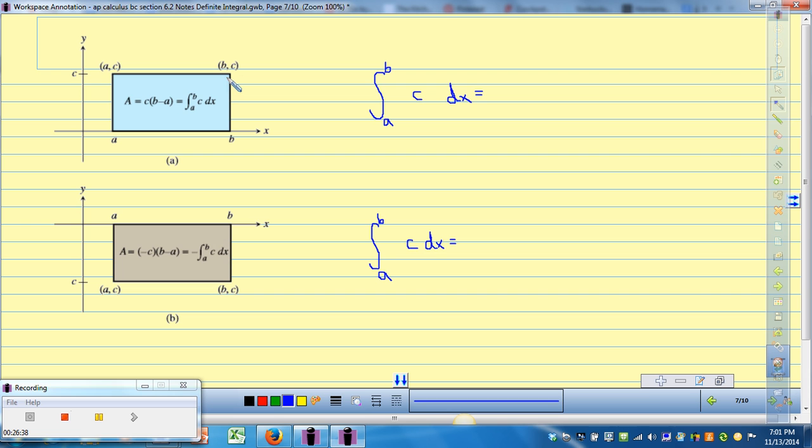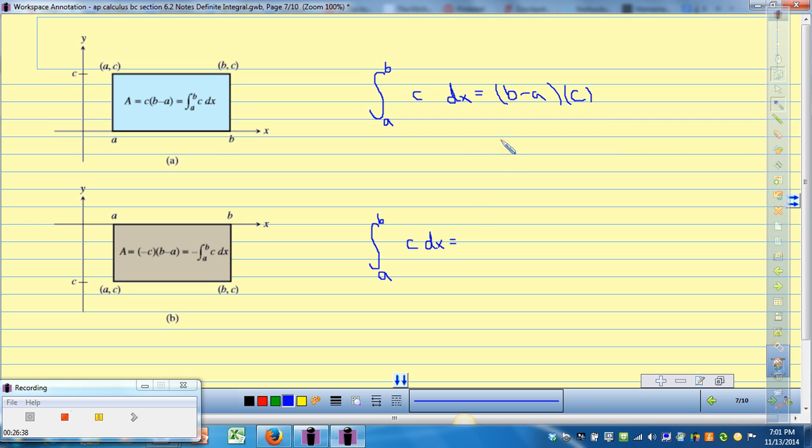So if I wanted to find the area under the curve of c from a to b, well, the width of the rectangle that is formed as the area under the curve would be b minus a. And the height of that rectangle that is formed would be c. So the area under the curve would just be c times b minus a.